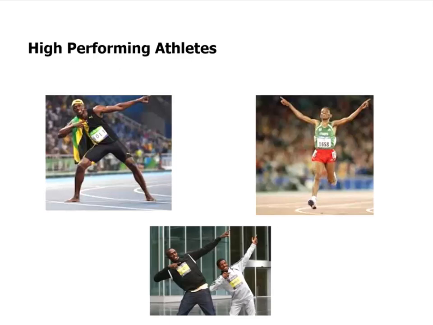Now, Usain Bolt has some very particular characteristics when you look at the man that might suggest that he is a high-performing athlete in his specialist event. He's tall, he's muscular, he's slim, and those are good indicators of someone who probably can run quite fast. And if you looked at him, you would say, sure, he's a high-performing athlete.